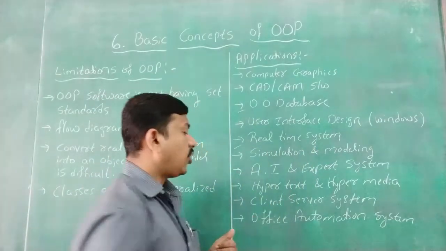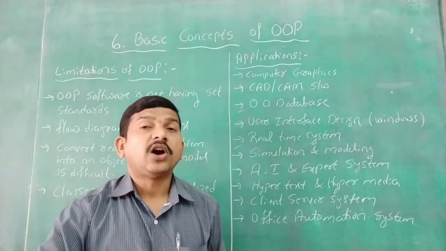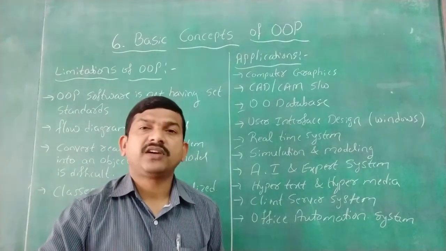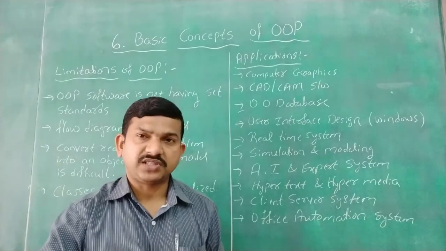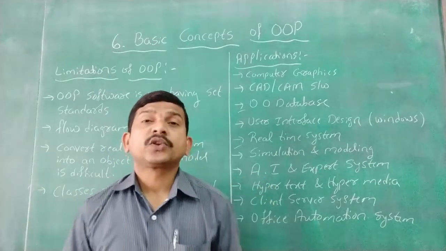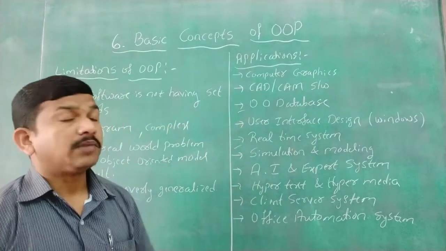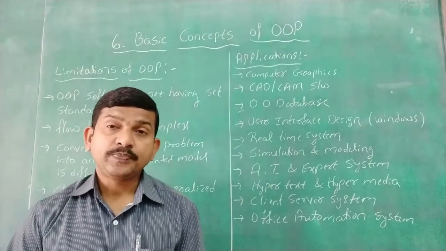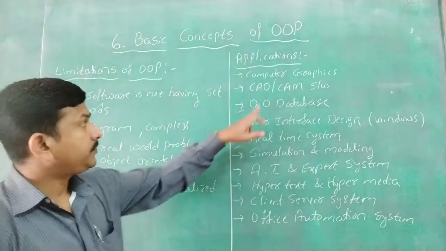Then the last one, office automation system. Office automation system is nothing but office related software. The best example is MS Office. So there also we are using object-oriented programming concept, right? So these are some of the application areas where we can use this OOPS concept. What are those areas?